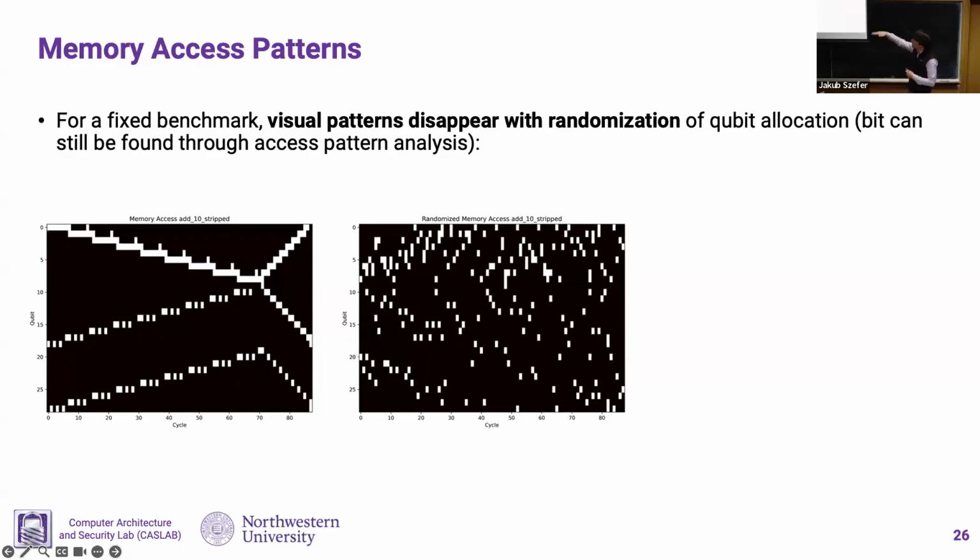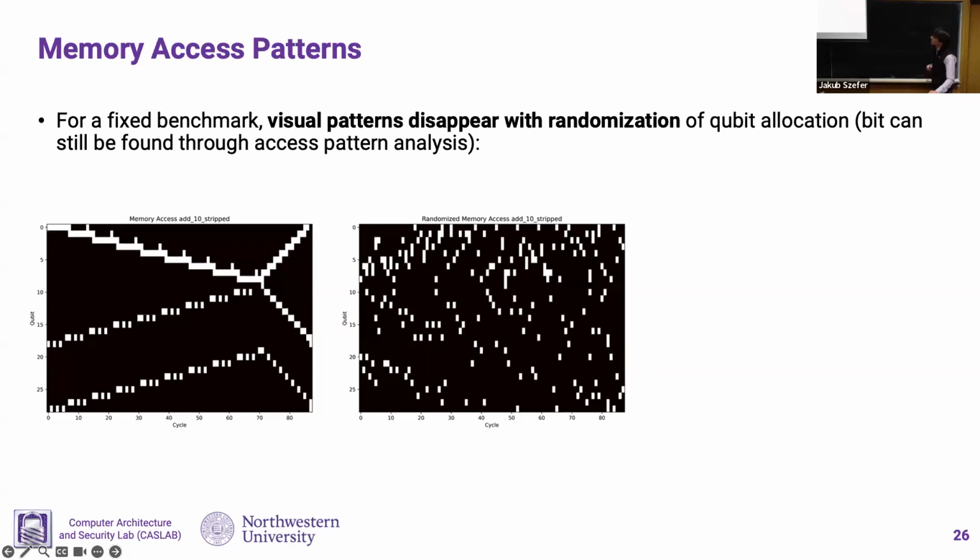So if you randomize the assignment, you could break this nice visual pattern, but that can probably still be recovered by some more advanced algorithms. The randomized graph is basically a permutation of the first one. So visually you might be able to scramble things, but that will not necessarily hide the pattern.